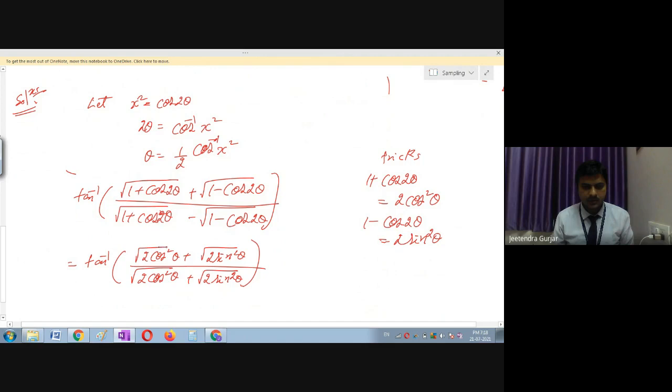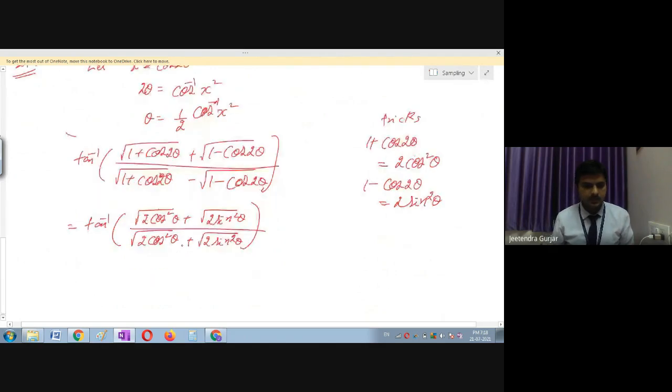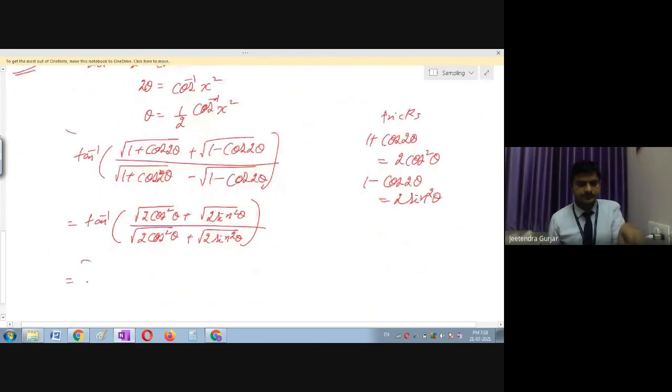Okay, you find I'm making this with the purpose of making tan inside this bracket. So just remember tan inverse. Now root 2, everywhere root 2 is there. Cancel the root 2. Square root and square will go. So simply you will write this as cos theta plus sine theta divided by cos theta minus sine theta.